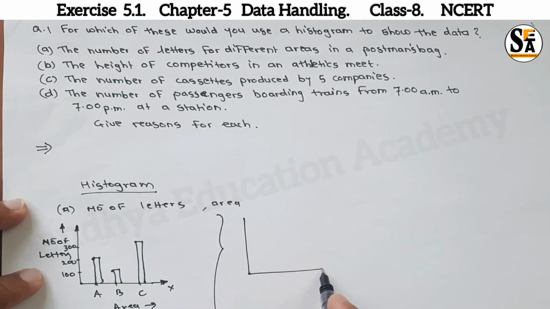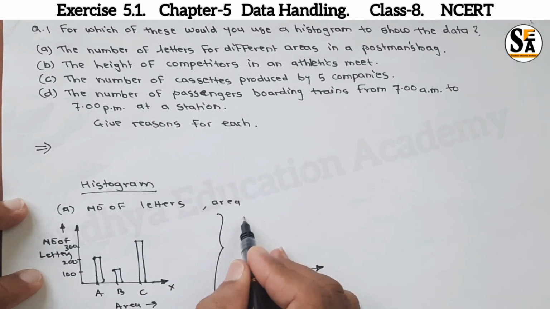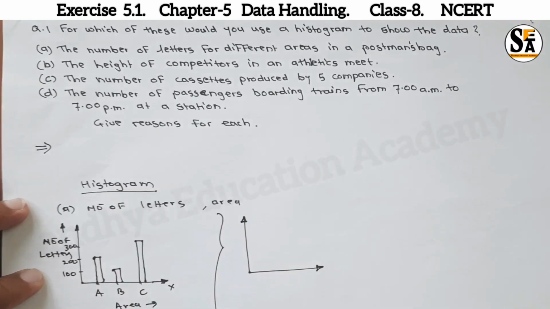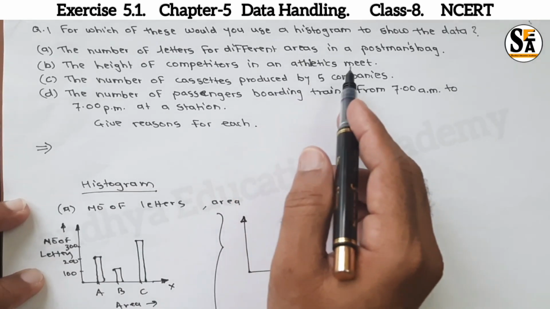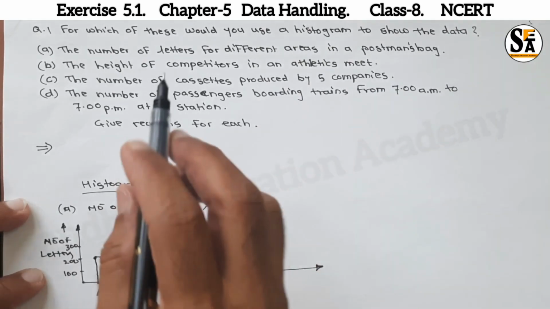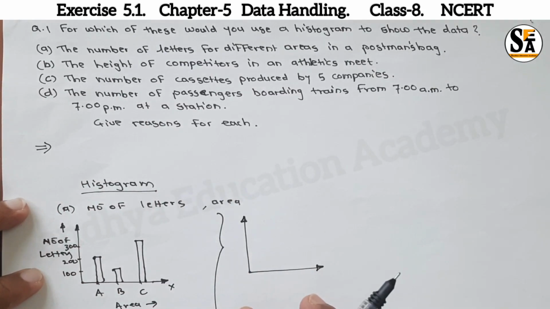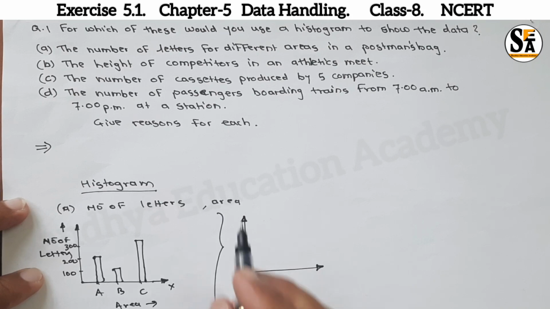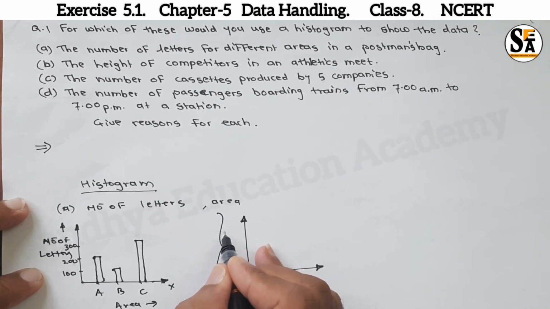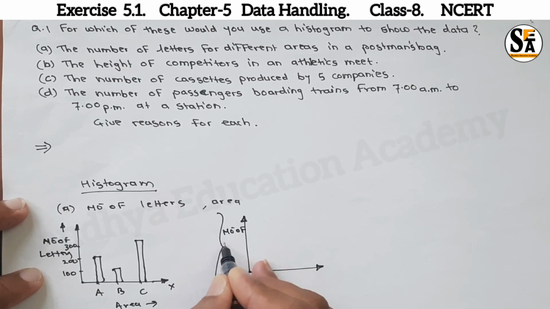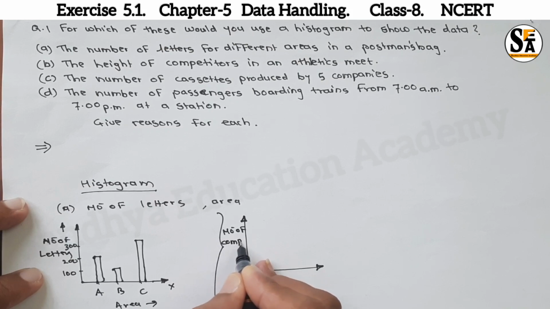Now see the second, height of competitors in an athletics meet. Suppose this is a graph. Here we can make class intervals. How can we make class intervals? We can put the number of competitors in this direction, and here we can put the interval of height.